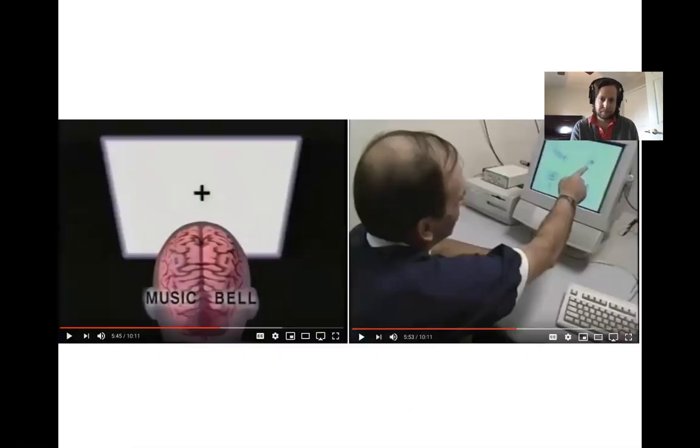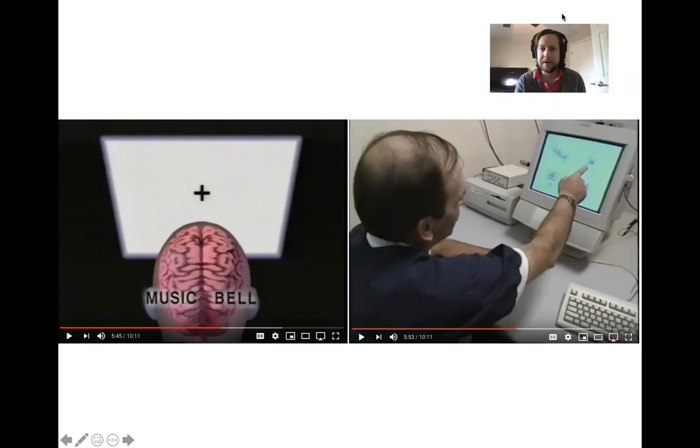This is just showing the same thing I was just describing again. But then the participant is asked to point to one of 4 pictures on a computer screen that best matches what he saw previously. So once again, bell was presented to the left visual field, which went to the right hemisphere.